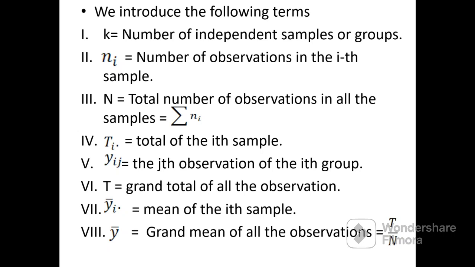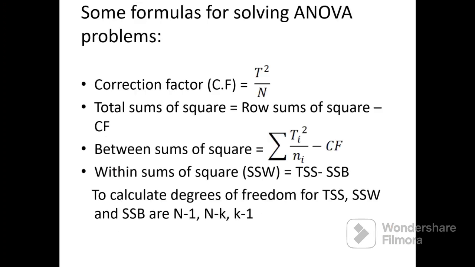So these are different types of notations that will be used while doing the calculations in this particular ANOVA, analysis of variance test. These are some of the formulas that will be used, and there are also other methods that can be used to calculate the sums of square within and sums of square between.